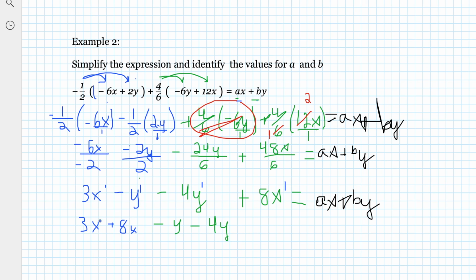Now we can add them. 3x plus 8x, 11x. Negative y minus 4y is negative 5y. And you're right, I should have included ax plus by in both of these.